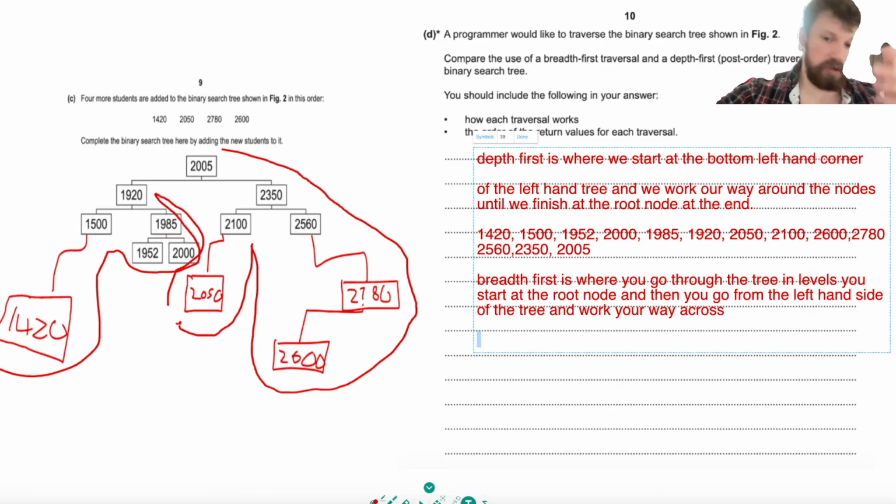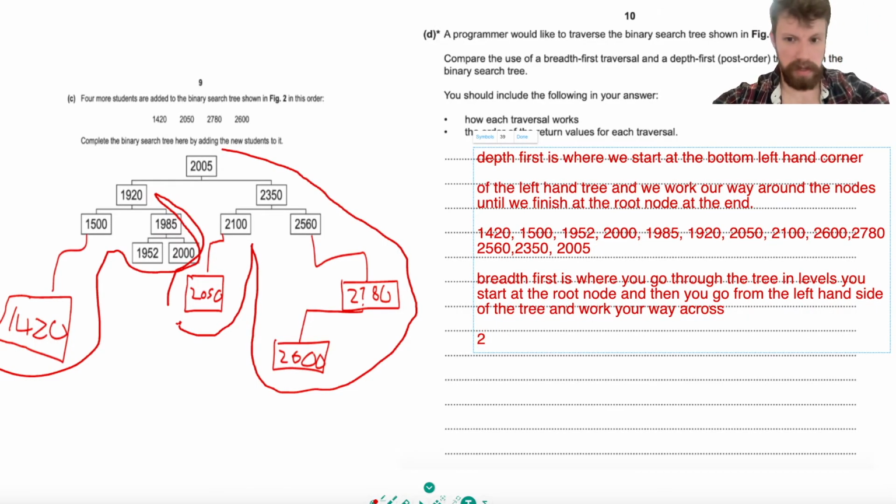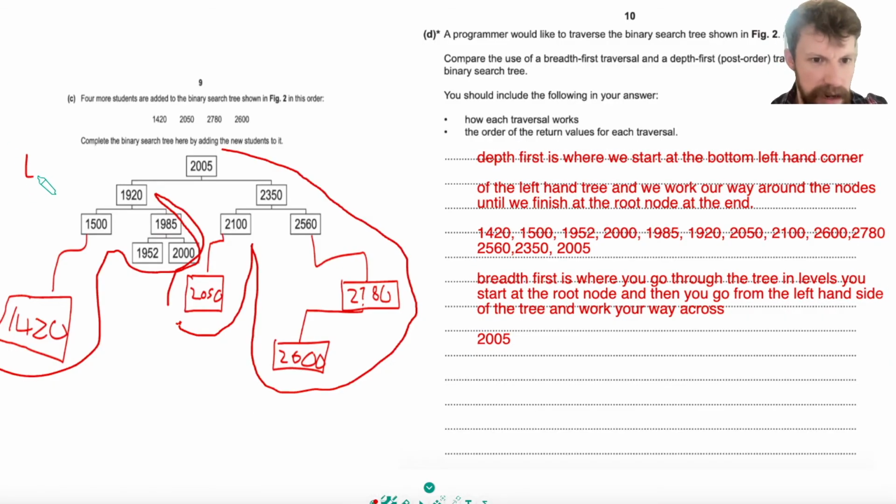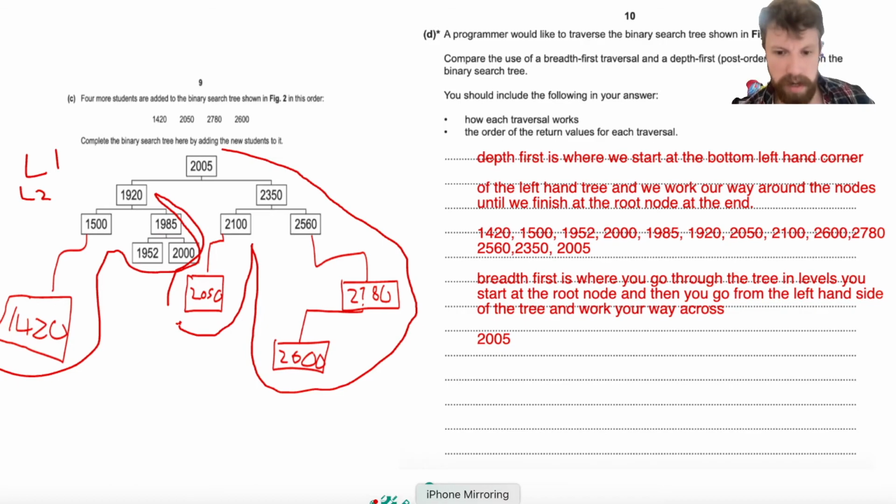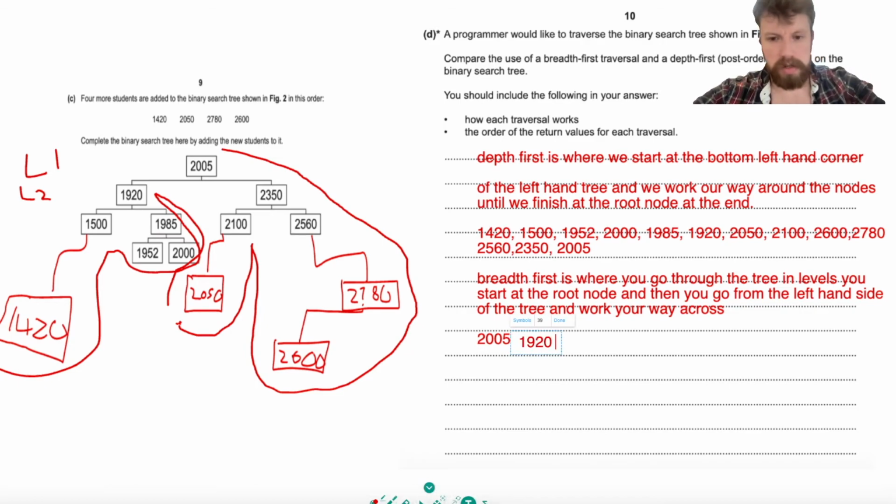So that's the description, now the application. It starts at 2005 because that's the first node, which is level 1. Then level 2 is the next things we visit: 1920, 2350. Then level 3 is 1500, 1985, 2100, and you're just working from left to right.